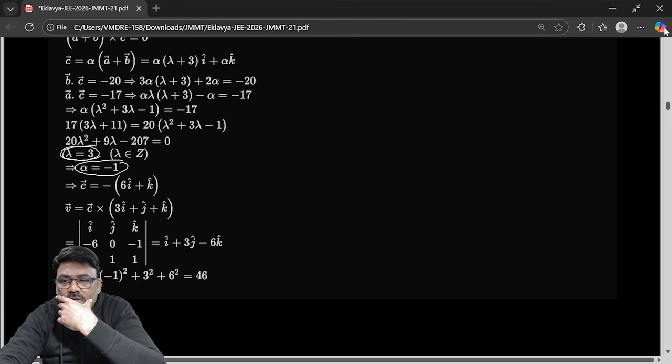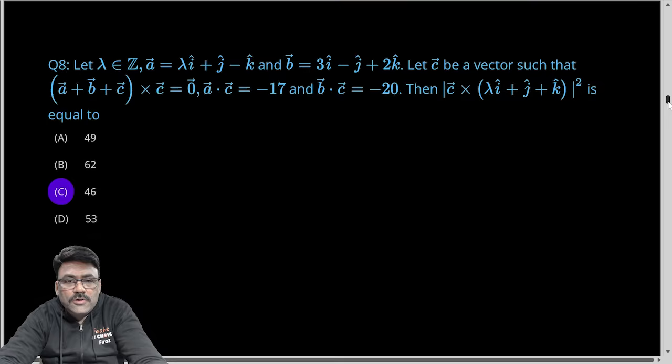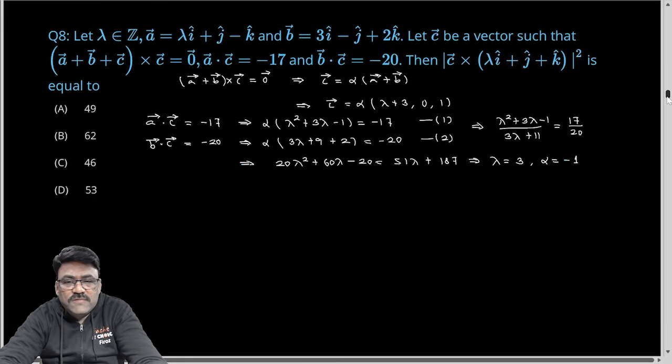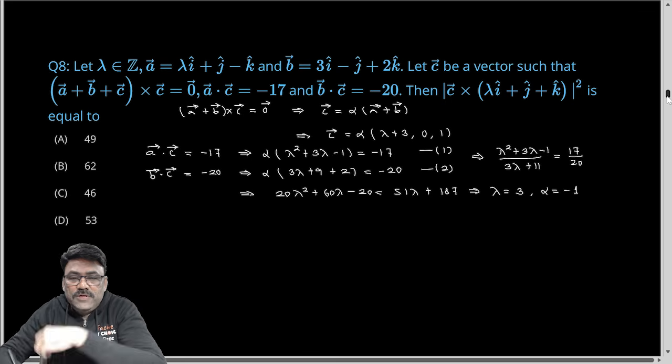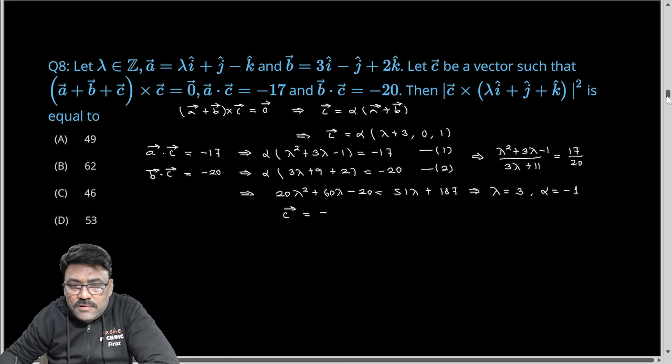And as soon as you got lambda and alpha, you got your vector C. So what will be vector C now? Vector C will be alpha times minus lambda plus 3, 4i plus 0j plus k.